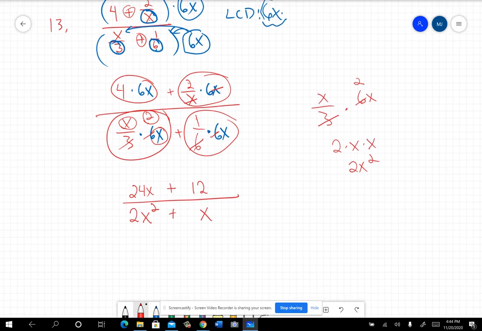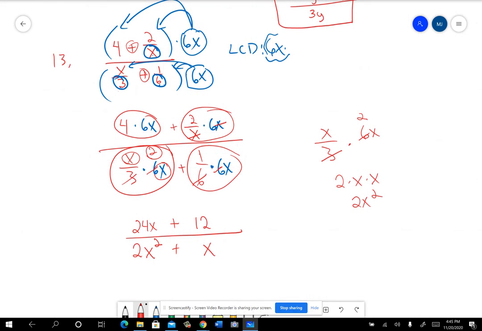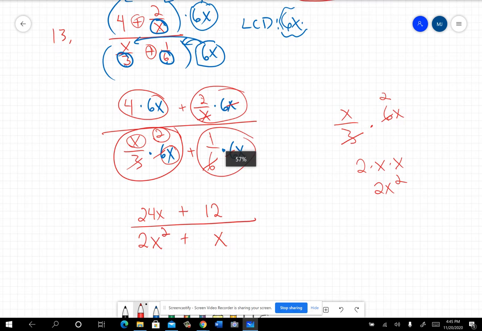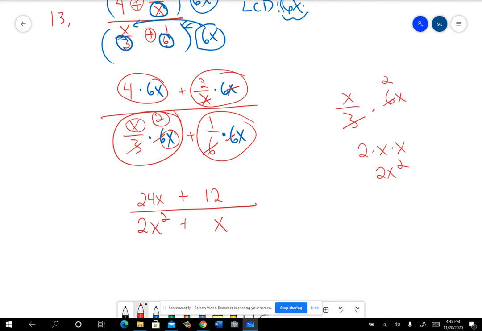All right, so that second method winds up clearing the fractions so that you wind up having just a rational expression that you need to simplify. So you do need to try to factor to see if there's a common factor you can cancel out. So when you pull out the 12, you have 2x plus 1 left.